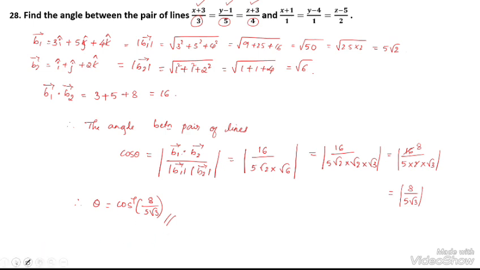Then the next question, number 29. A couple has two children. Okay, first we have to write the sample space. Find the probability that both children are males, if it is known that at least one of the children is male.